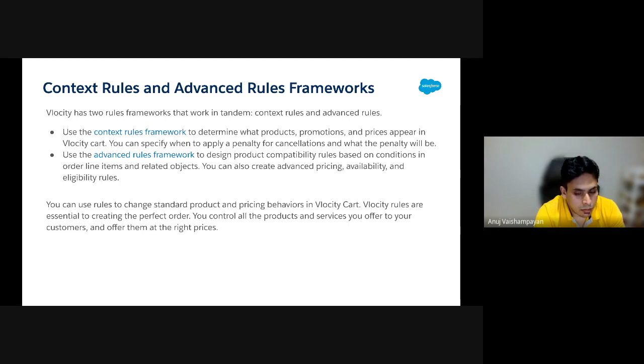In the telco world, wherever you go, there will definitely be business rules presented to you to configure, and you have to decide what type of rules to use for each business requirement, whether it should be configured as a context rule or modeled as an advanced rule.